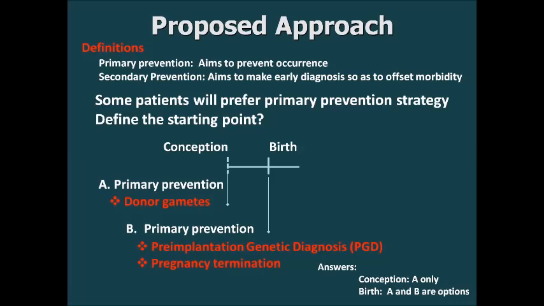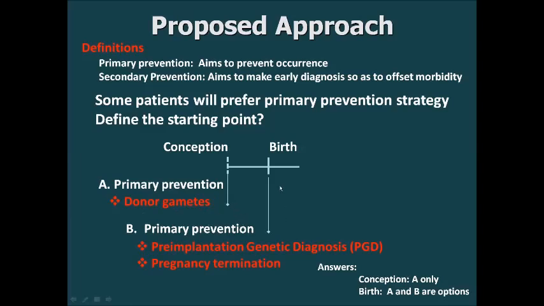And what's available to patients in the first case, where primary prevention is thought by that couple to be prevention before conception, they have the option of donor gametes. So expanded carrier screening can screen individual donors to determine whether or not they are carriers.